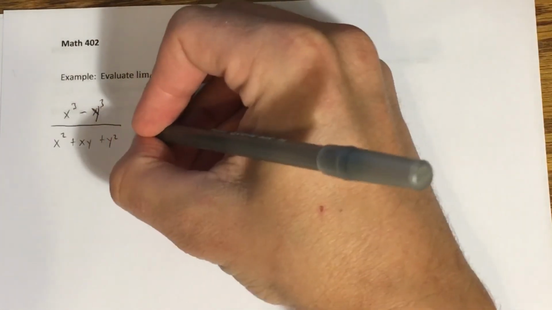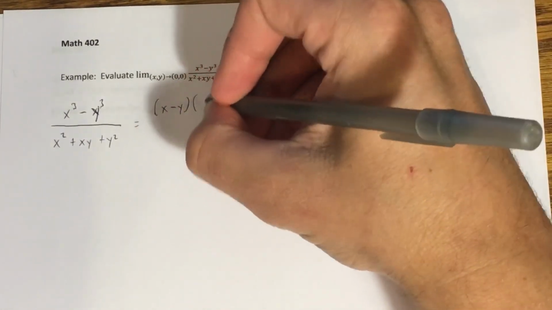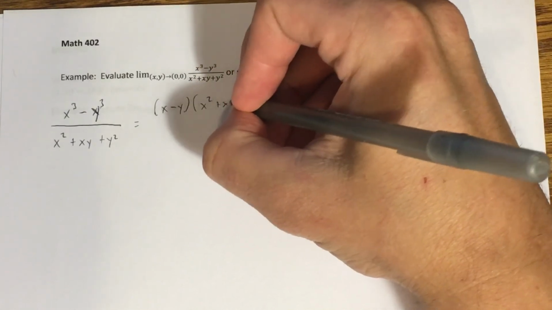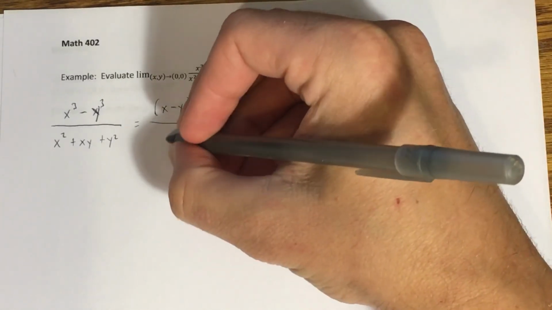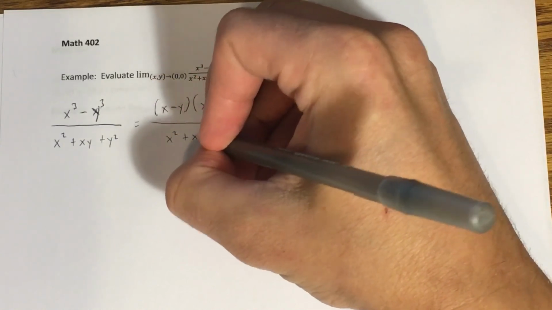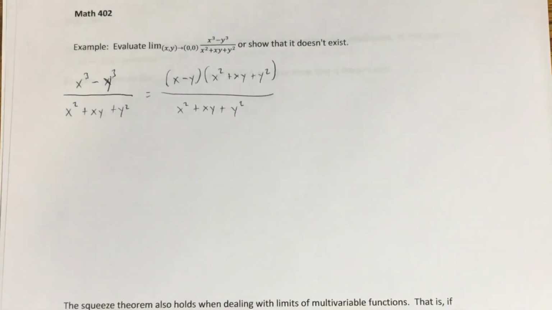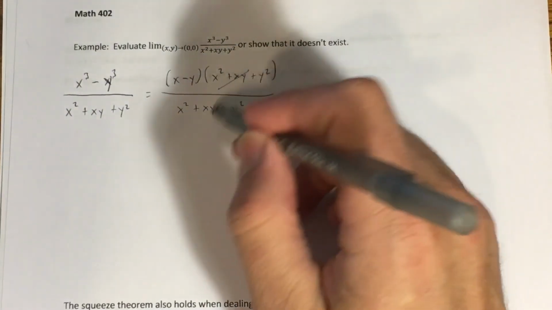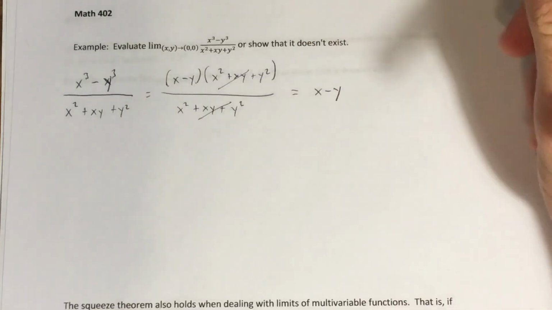It looks like this: x minus y times x squared plus xy plus y squared, over x squared plus xy plus y squared. That's how we factor that difference of cubes. And now we end up with this cancellation here. This is equal to x minus y.